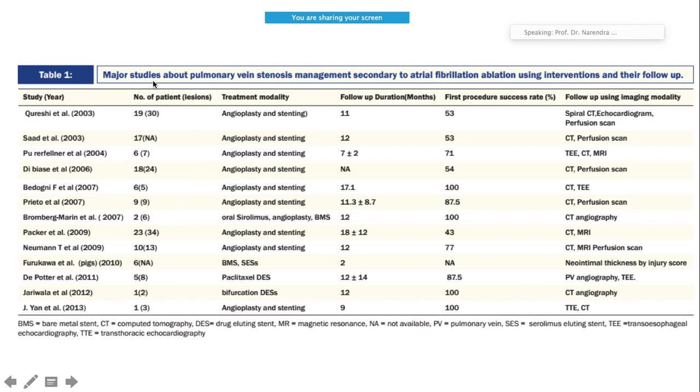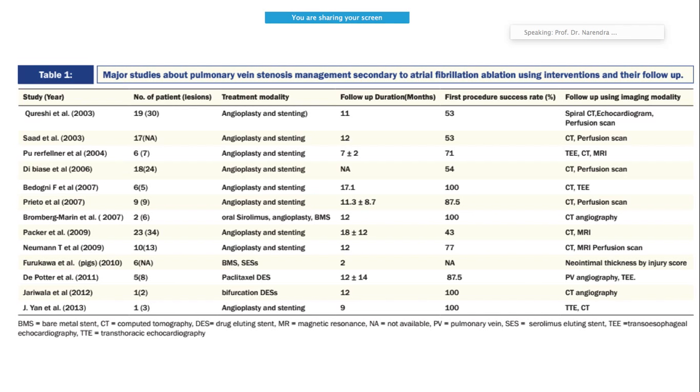It is a summary of the studies about pulmonary vein stenosis management, secondary to atrial fibrillation ablation, using different interventions. So this is a nice summary with the table.